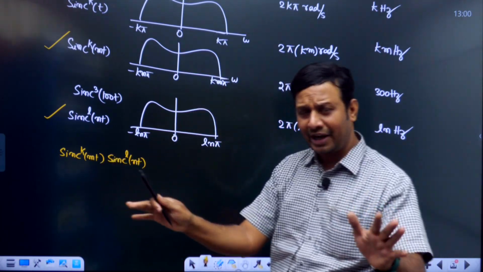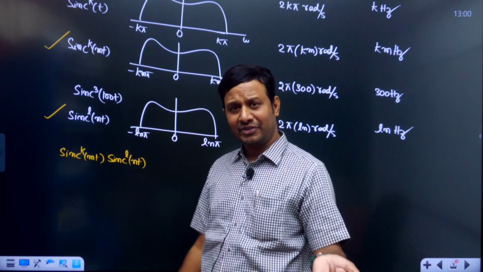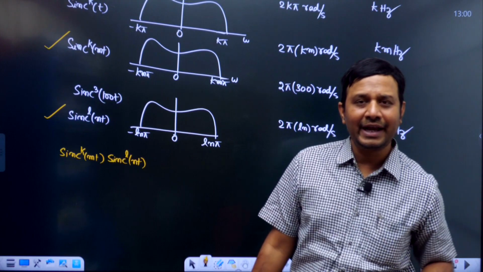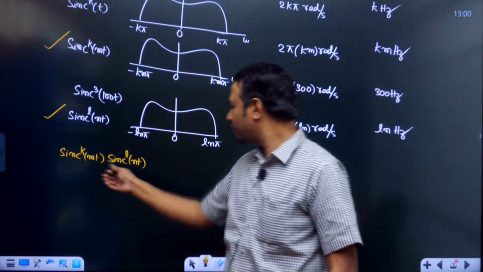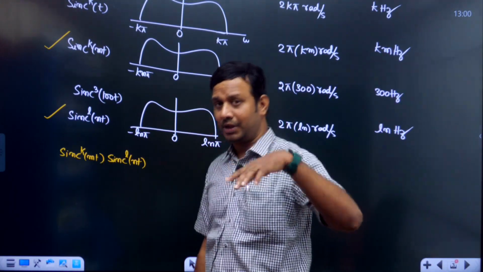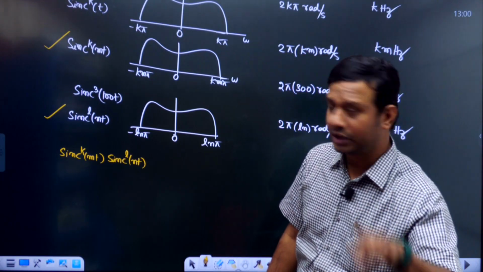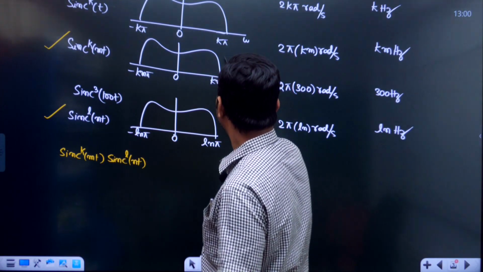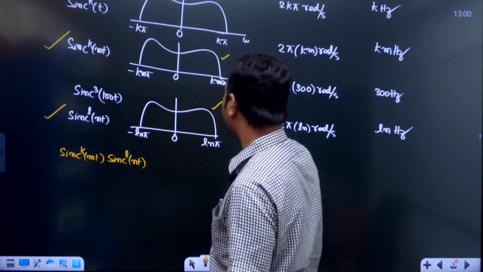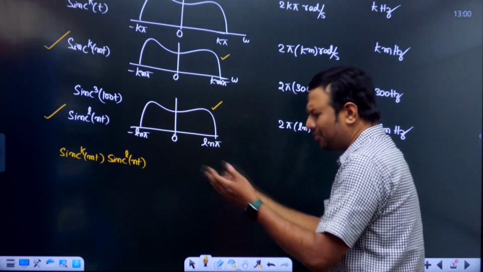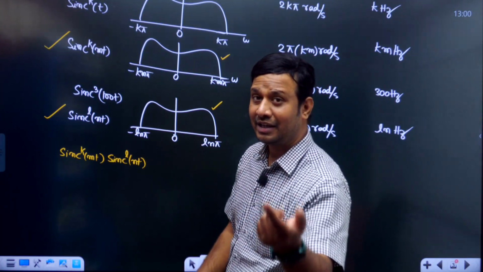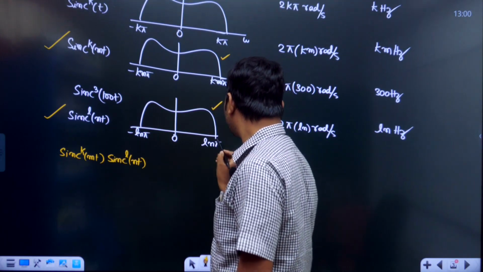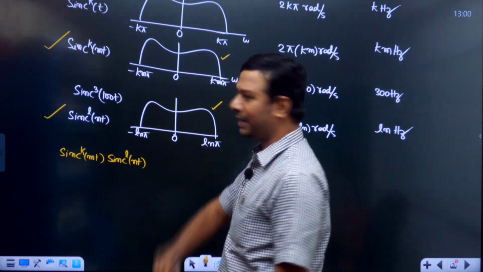To calculate the Nyquist rate, we must get the Fourier transform, because from the frequency domain only we can get the highest frequency component. Now these two signals are multiplied in the time domain, so in the frequency domain convolution will happen. Convolution means some signal you will get, but the range is important: sum of lower limits to sum of upper limits.